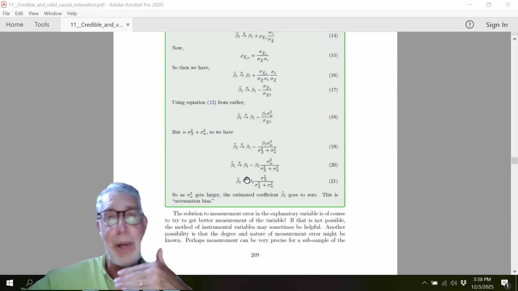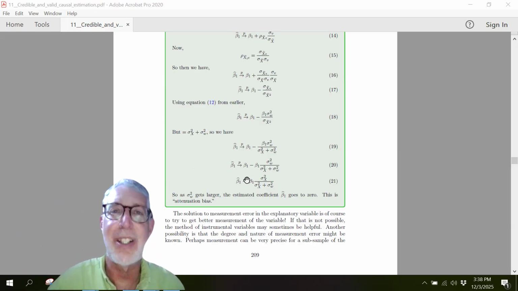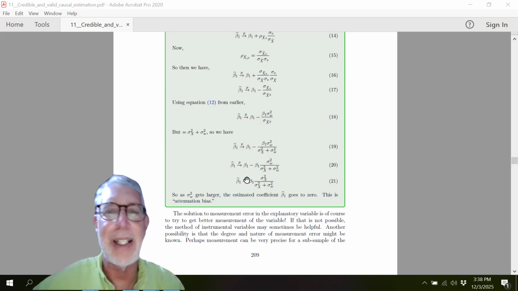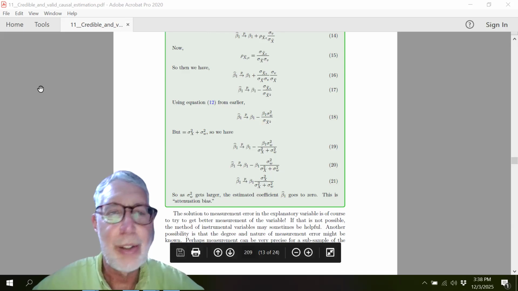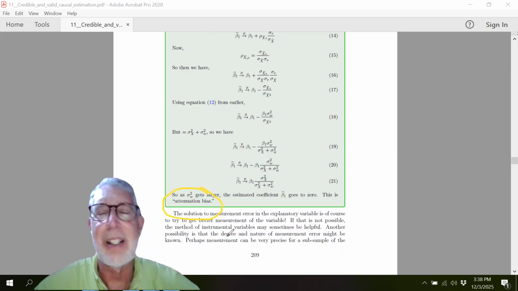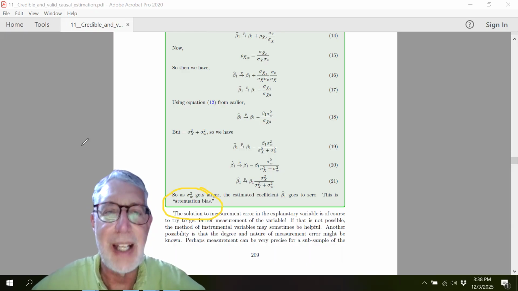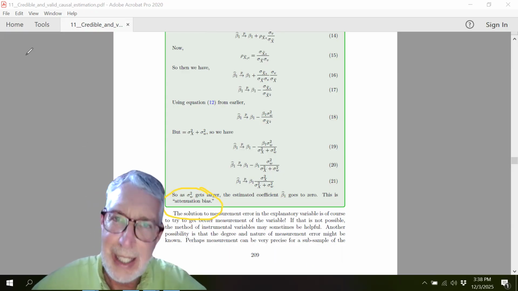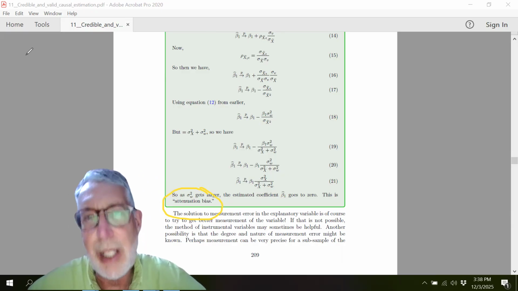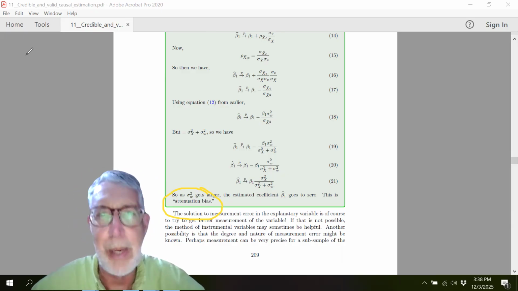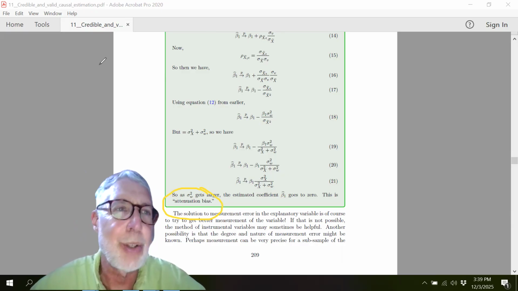Whether it's a negative or a positive coefficient, it'll be biased towards zero. Attenuation bias. So that's the conclusion given right here. You can skip the box and just read the discussion in the text for that. So measurement error in the X variable leads to attenuation bias. Our beta coefficient is biased towards zero.